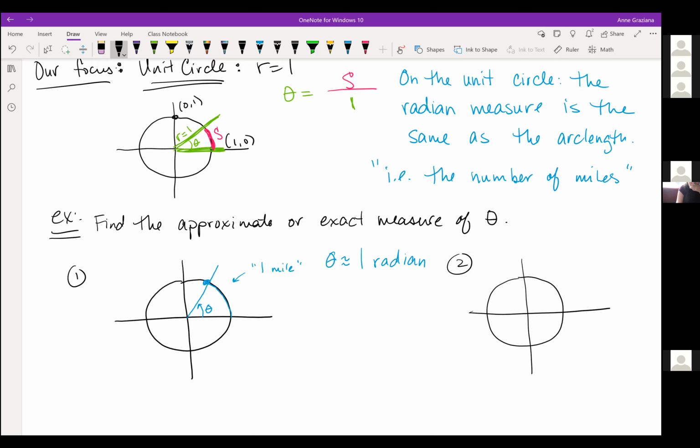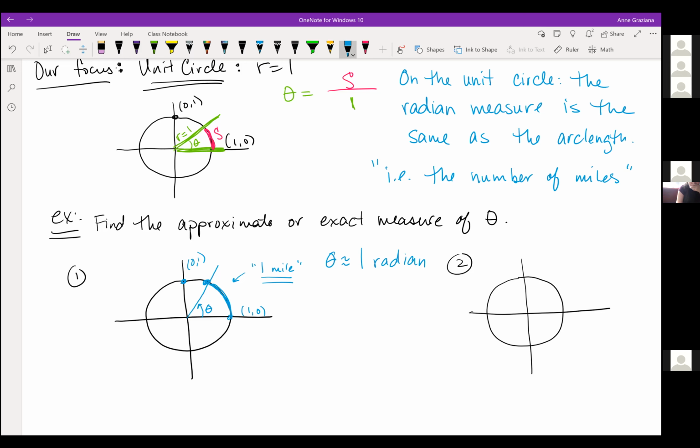So what was s in that? So I should have been clear. This is on the unit circle, so this is 0, 1, and 1, 0. So s, that is what I'm saying is 1 mile. That arc length is 1. Which is the same as saying that the measure of that angle is 1 radian.